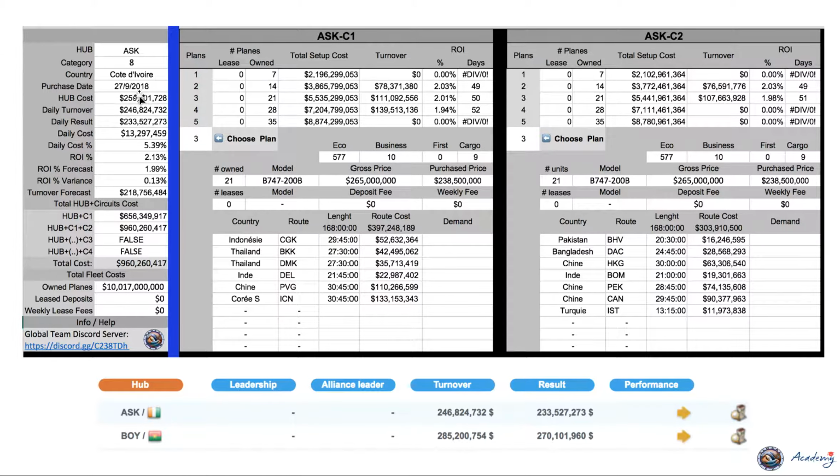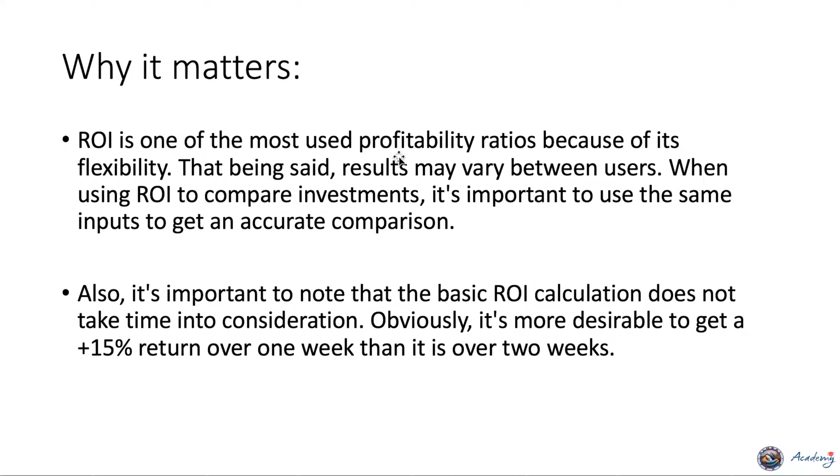Then on this side, I add my daily turnover, my daily result, and I get my real ROI based on net figures, and then I can do an analysis of how it goes. Usually this gives me a pretty accurate idea of what I'm going to get. If you keep a solid strategy, this keeps a trend, and usually your real ROI and your forecasted ROI are very proportional. It's very simple math.